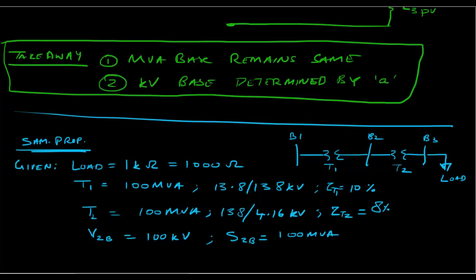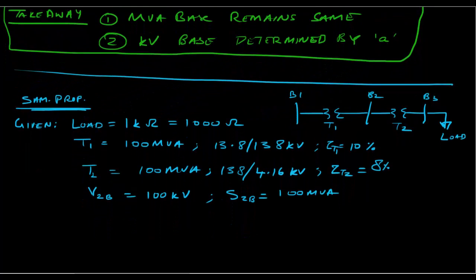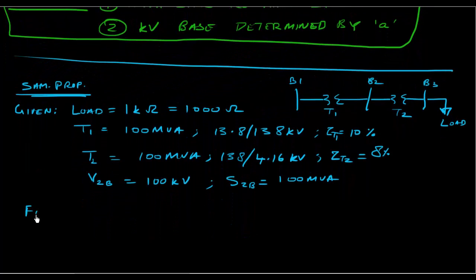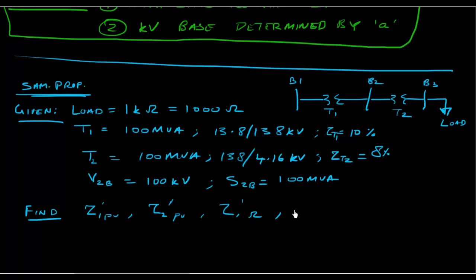Now what I want you to do is find what is Z1 prime in per unit, what is Z2 prime in per unit, what is Z1 prime in ohms, what is Z2 prime in ohms, and I want you to draw me the impedance diagram for this circuit.